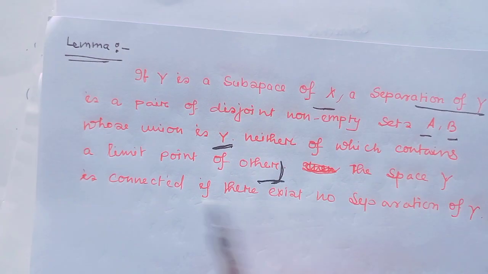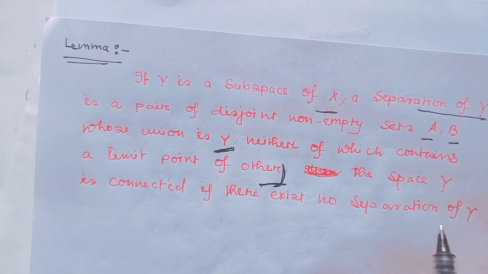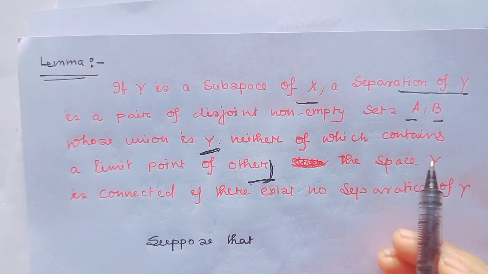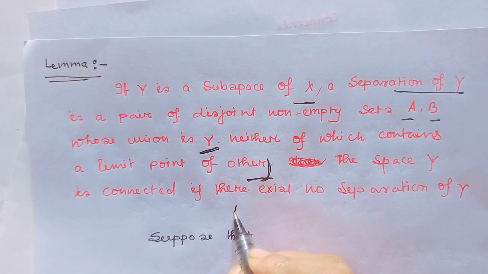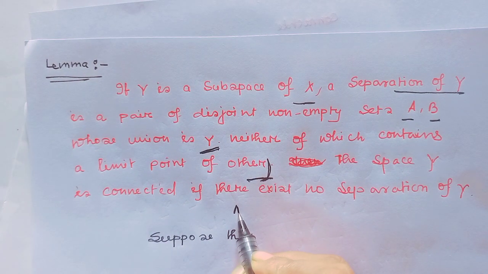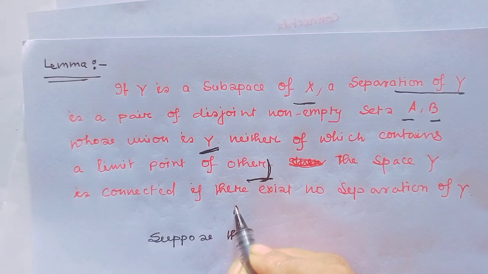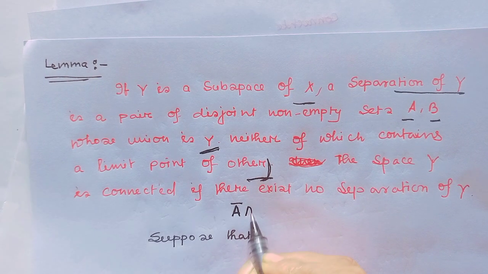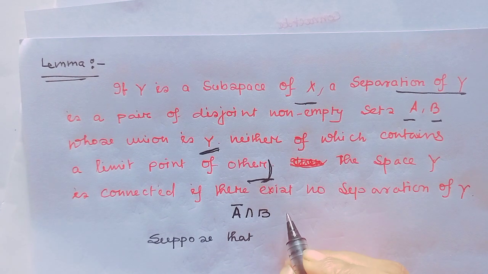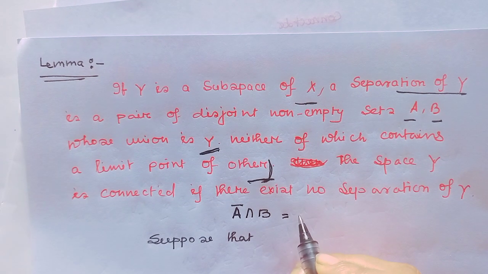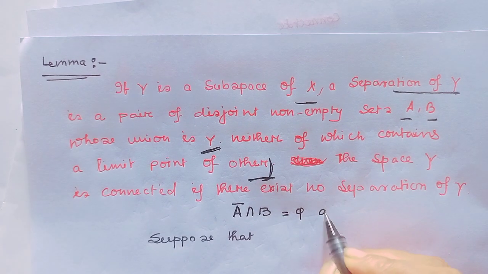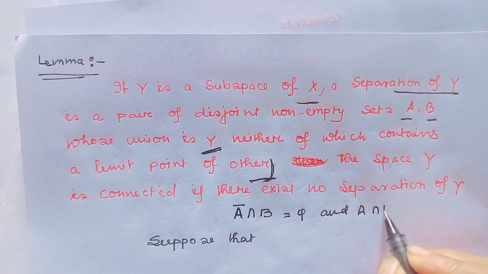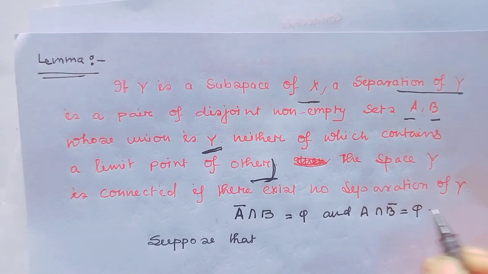And the space Y is connected if there exists no separation of Y. That means when the space is disconnected in subspace topology, then A closure intersection B would be phi and A intersection B closure would be phi.